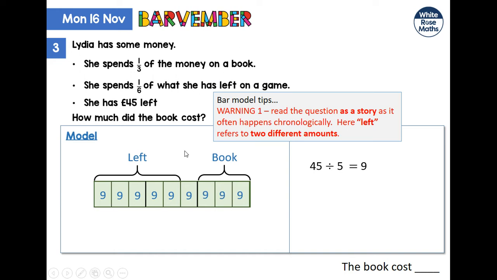In fact, everything here is 9, and we can see that the book cost £27. 3 lots of 9. But as I say, I think that's a little bit of a fiddle, so I'm now going to do this separate, a different way.